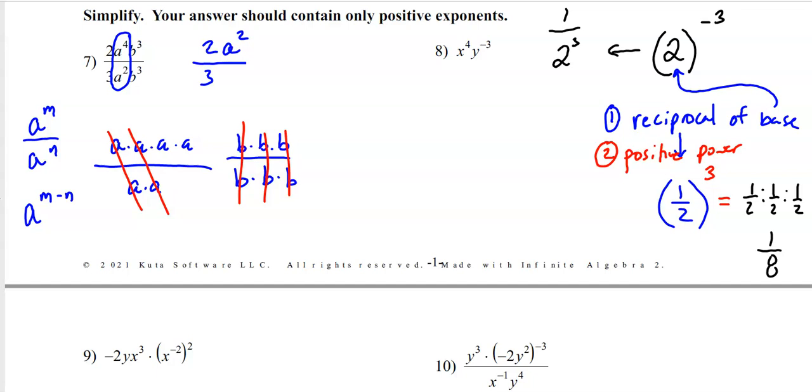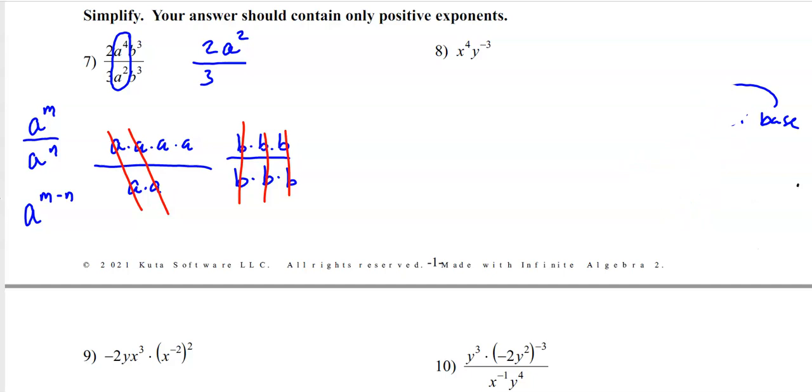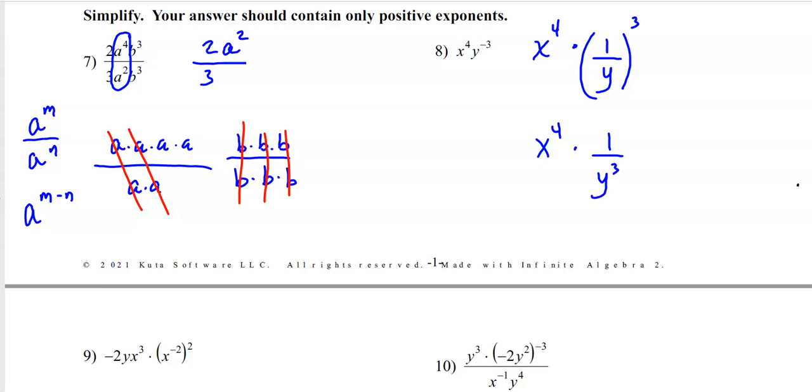All right, well, let's see how that applies with letters here, because there's always easier ways to do stuff. So on this one, I have x to the 4th times, well, y to the negative 3rd is really just the reciprocal of that to the positive 3rd. So that's just x to the 4th times 1 over y times 1 over y times 1 over y, which is 1 over y to the 3rd power.